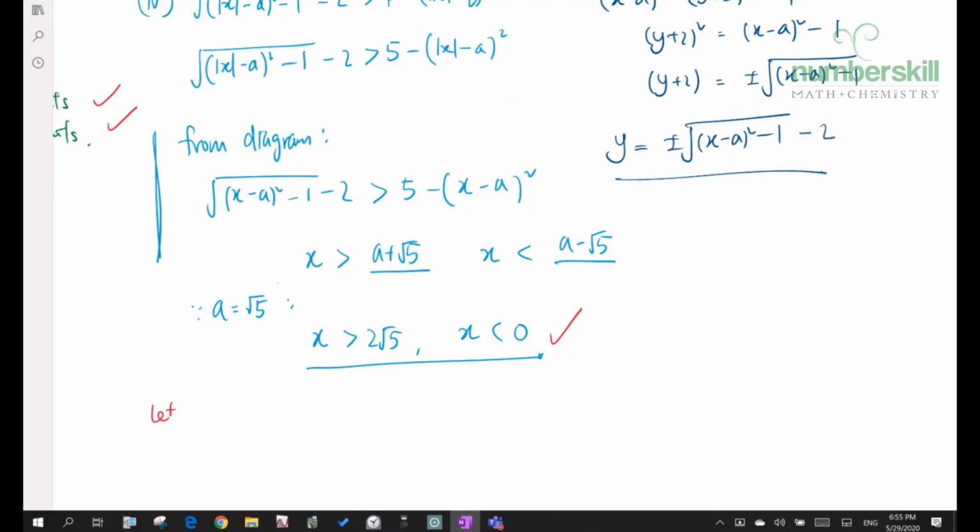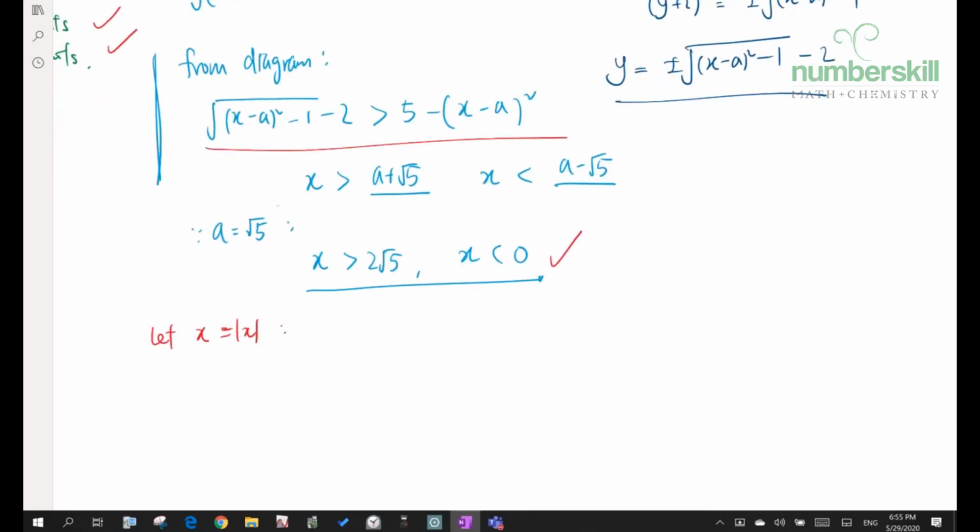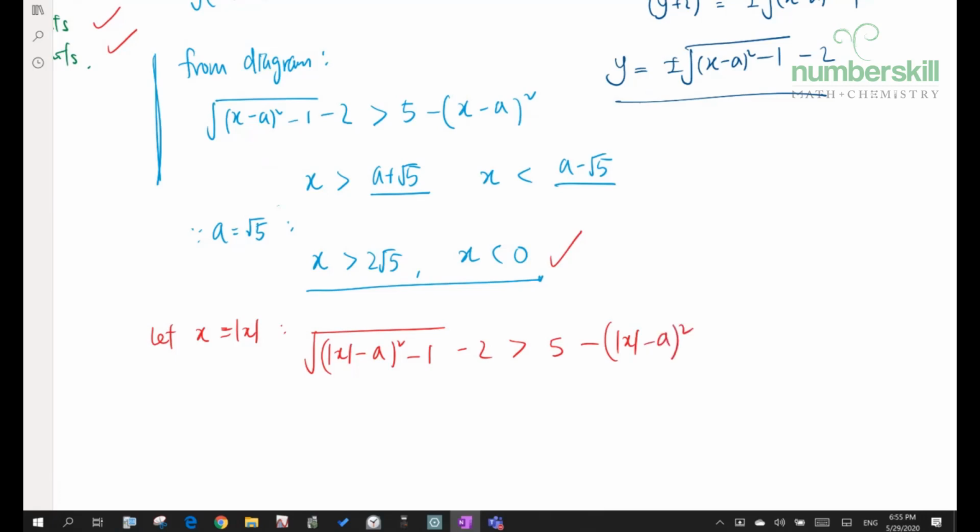So you're going to say, I'm going to let x be mod x. Then this equation will become this. I won't say equation, sorry, this inequality will become this inequality. Follow?